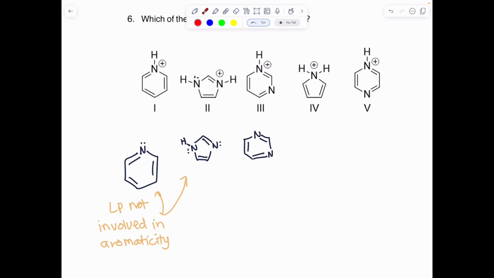And again, if we were to draw in our pi orbitals, there's one on either side of every double bond, so this already is aromatic, which means that deprotonating the hydrogen gives us a new lone pair, but this lone pair, similar to this, is not contributing to resonance. So I'm going to say same, lone pair not involved in aromaticity.